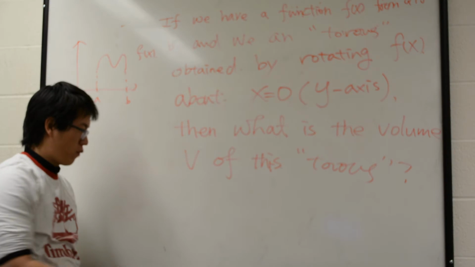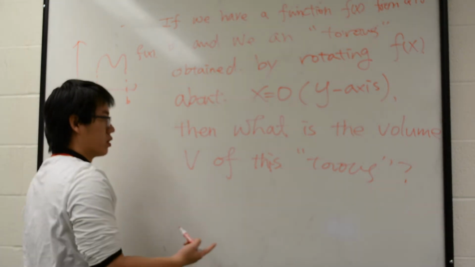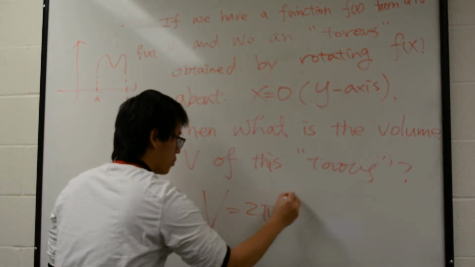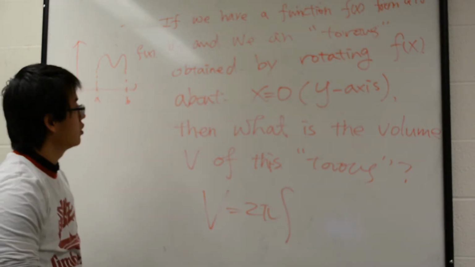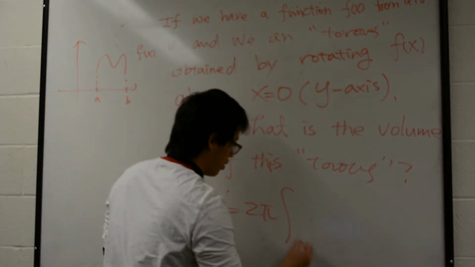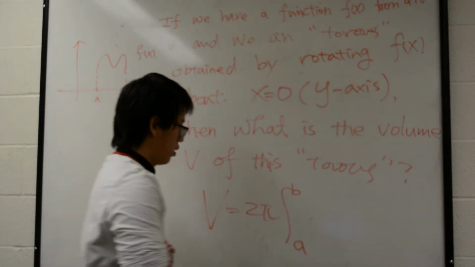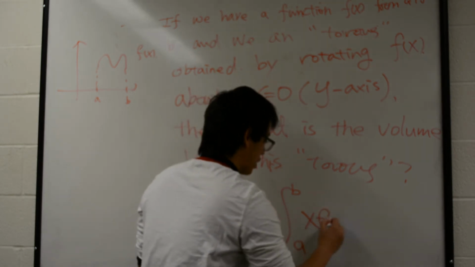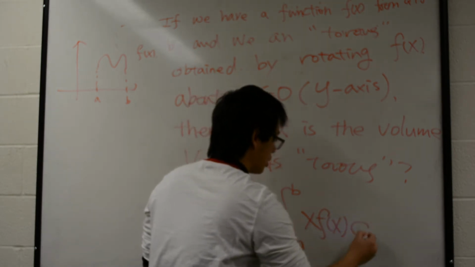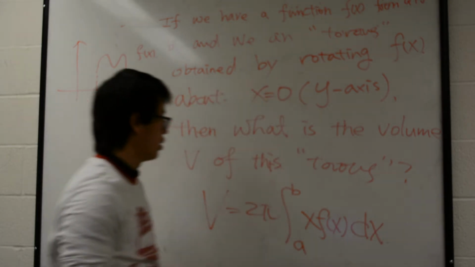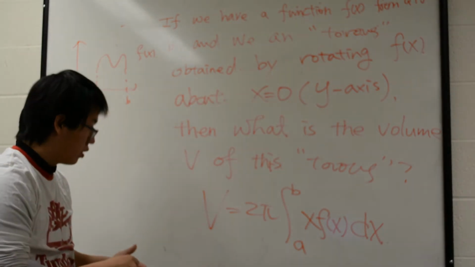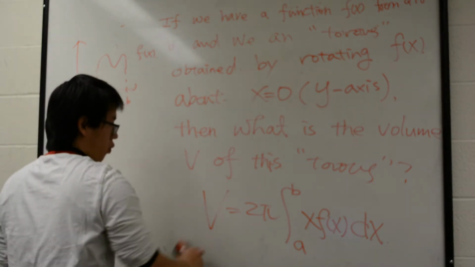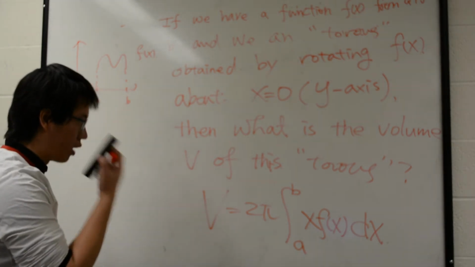Okay, so the formula for this volume is 2 pi times the integral. Our integral is from a to b, and we integrate x times f of x dx. So why do we have this formula?